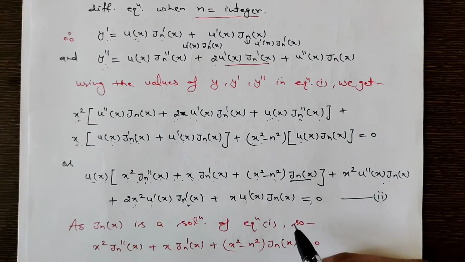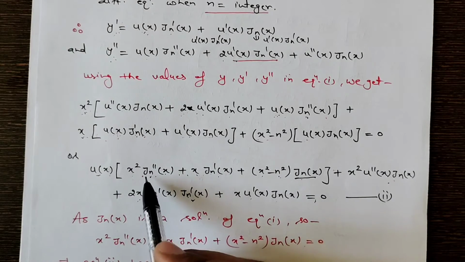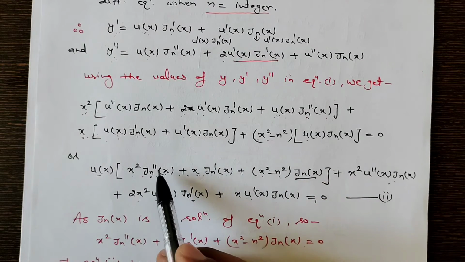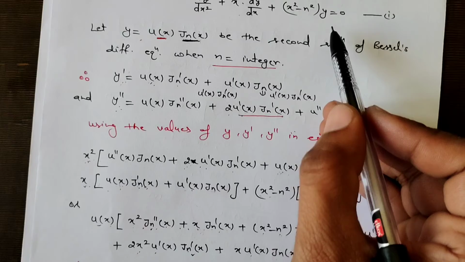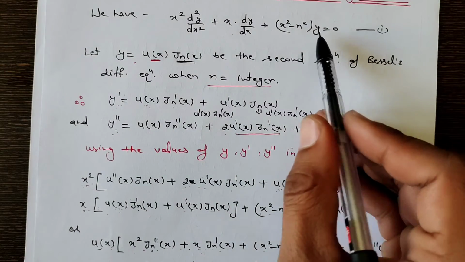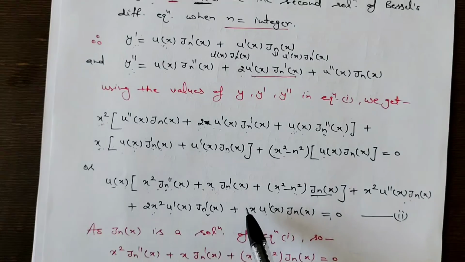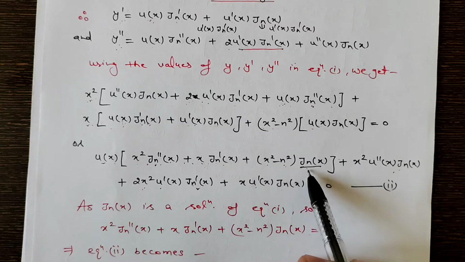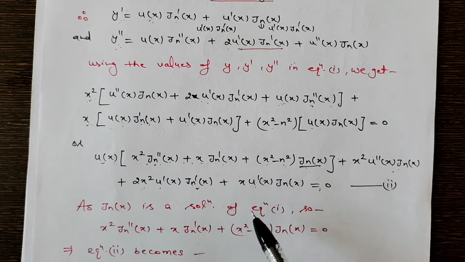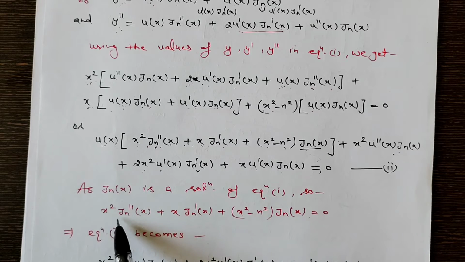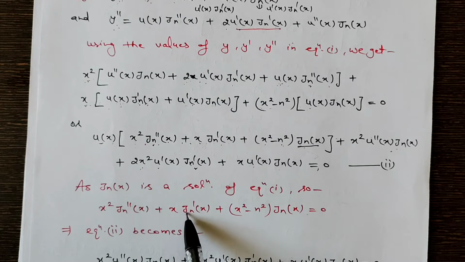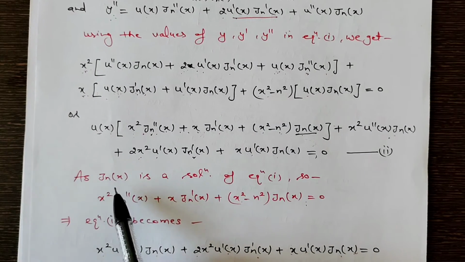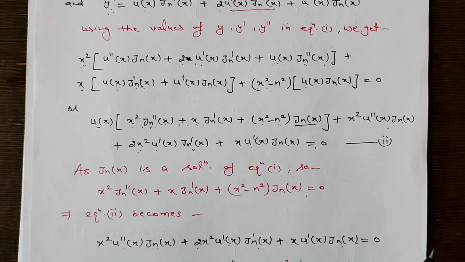As Jnx is the solution, this will definitely satisfy this differential equation. So the entire term inside the bracket will be equal to 0. That's why we carried out such simplification, so that we can use this equality: x square Jn double prime x plus x into Jn prime x plus x square minus n square Jnx equals to 0, because Jnx is already a solution of the Bessel differential equation.